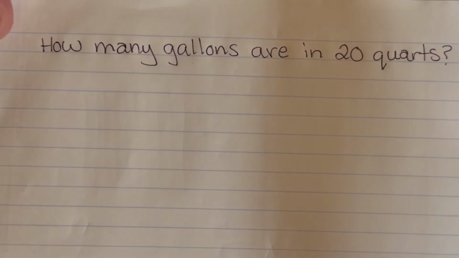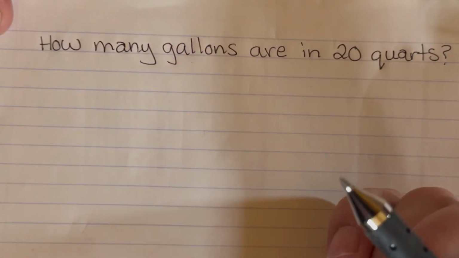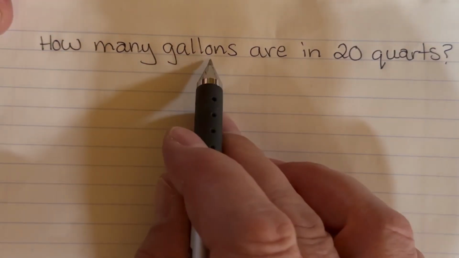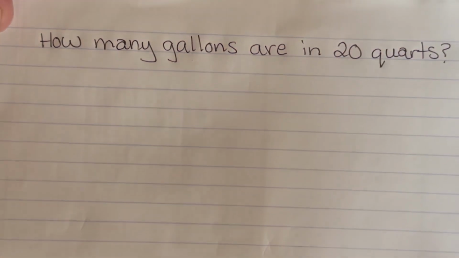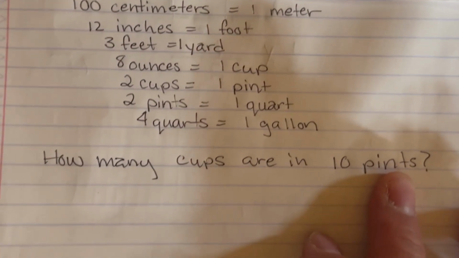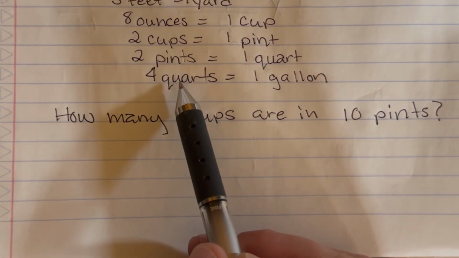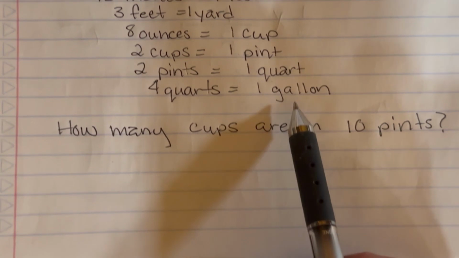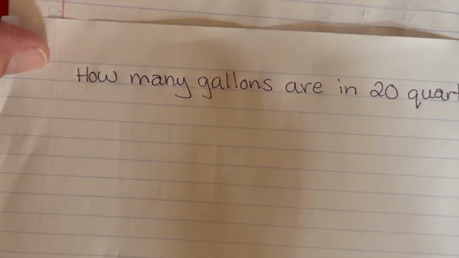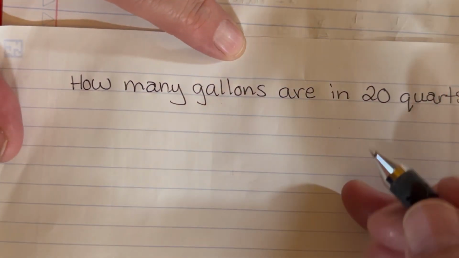cups. Okay, so in a different type of problem, they're asking how many gallons are in 20 quarts. So we go down here and we see that quarts make up a gallon. So in this particular problem, I have to divide. So I'm going to go, how many quarts are in 1 gallon?